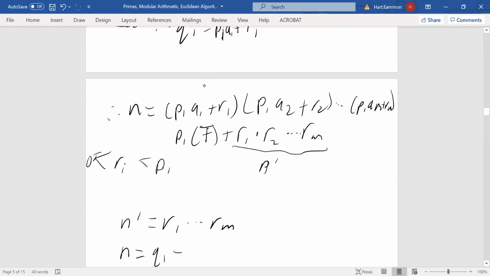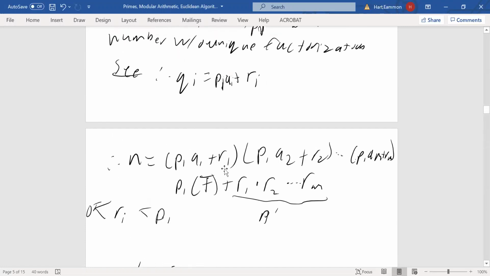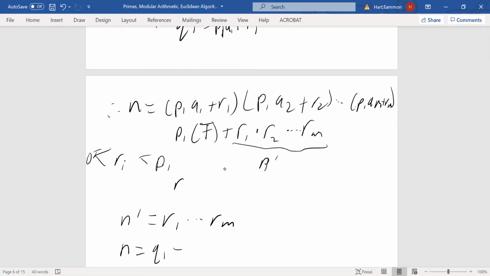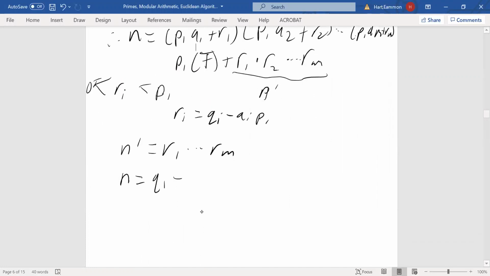So I can rewrite Ri as Qi minus Ai P1. That's what I'm going to write all of these guys as, all the way up to Rm is going to be Qm minus Am P1. Should be a 1 here.